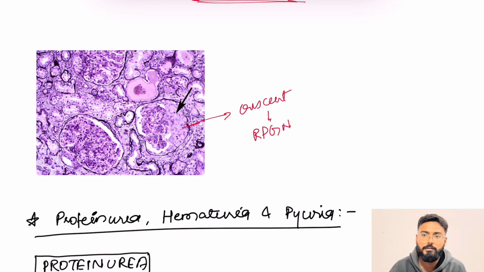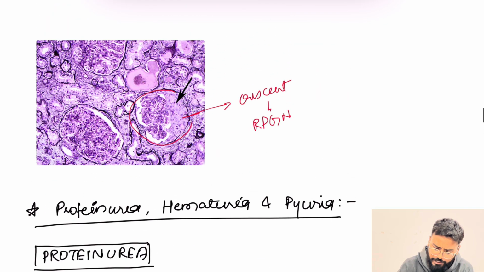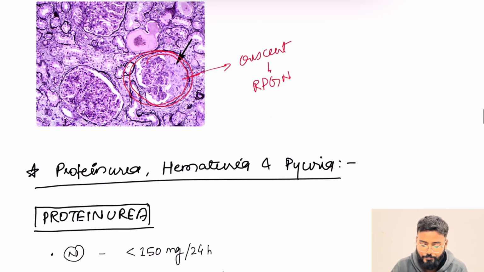There will be some other filtrate, and there will be an ongoing inflammatory process inside that pocket, and it grows and grows, and it forms a crescent shape. That is the crescent that you are going to see in case of RPGN. So you can easily differentiate this from a normal histopathological picture.